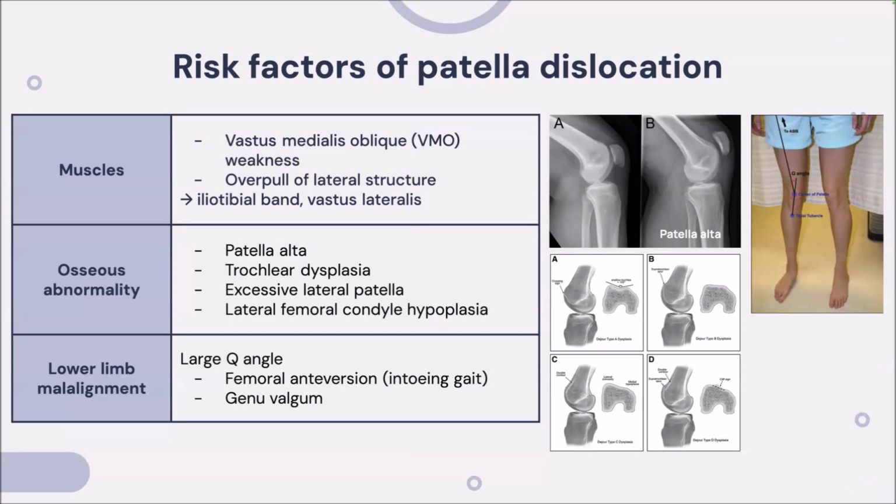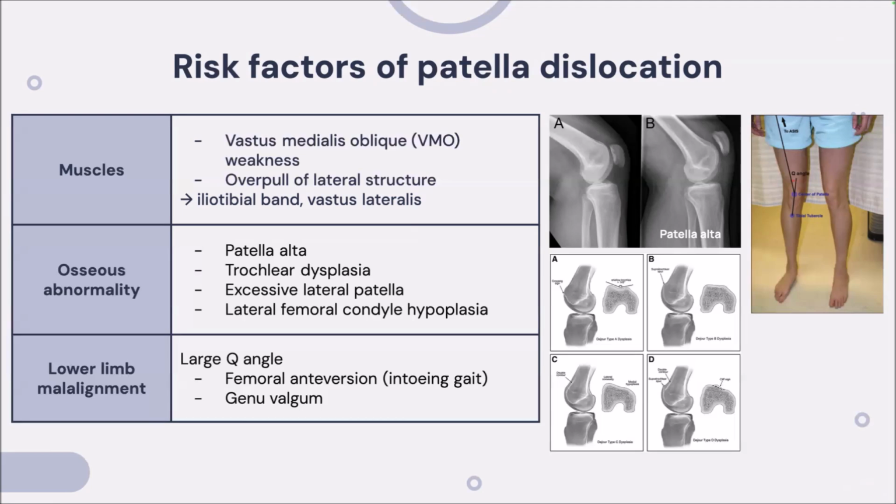So you need to have a good balance between the medial and lateral side, and also the bone structure. If you have a shallow socket, the patella tends to get out. So this osseous abnormality we call trochlear dysplasia. Okay? So that is also very common.